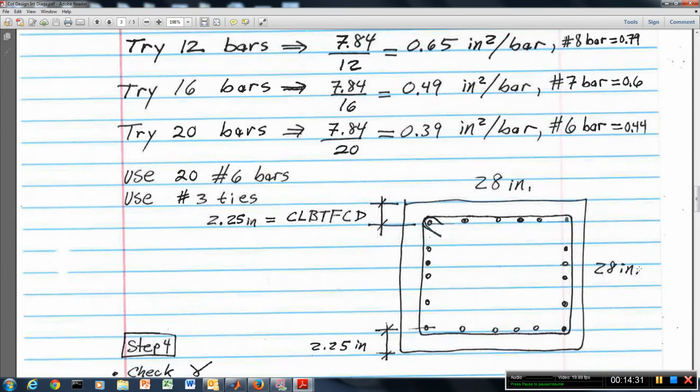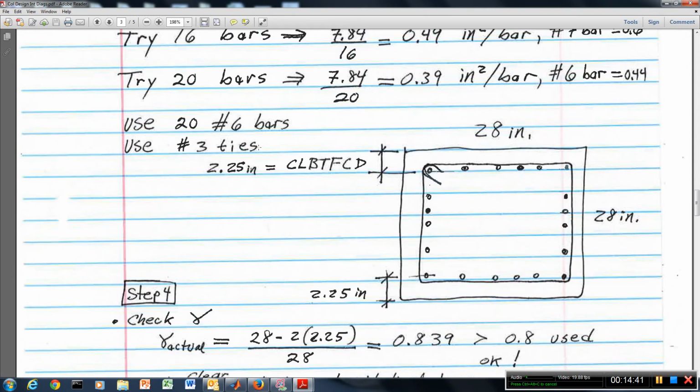Now that we have chosen our number 6 bars, we're going to use 20 number 6 bars. We can use number 3 ties, and the ACI code will let us use number 3 ties for number 6 bars, so we have satisfied that.